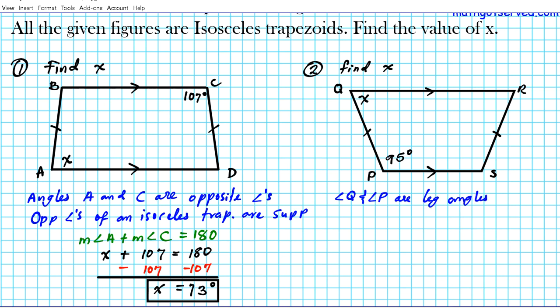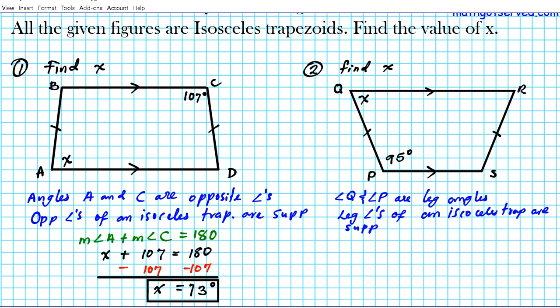What do we know about the leg angles of an isosceles trapezoid? The leg angles of an isosceles trapezoid are supplementary, just like the opposite angles. Let's write that down. Leg angles of an isosceles trapezoid are supplementary.